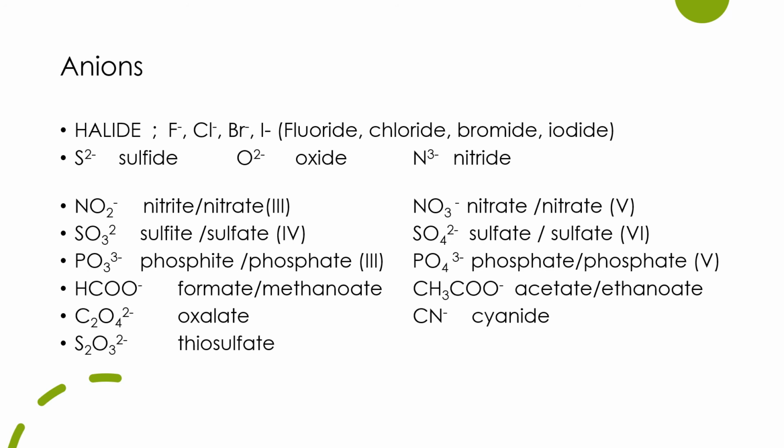Halides from halogens are -1 anions: F-, Cl-, Br-, I-: fluoride, chloride, bromide, iodide. S2- sulfide, O2- oxide, N3- nitride, NO2- nitrite, or nitrate(III). 3 is the oxidation state of N in NO2-.